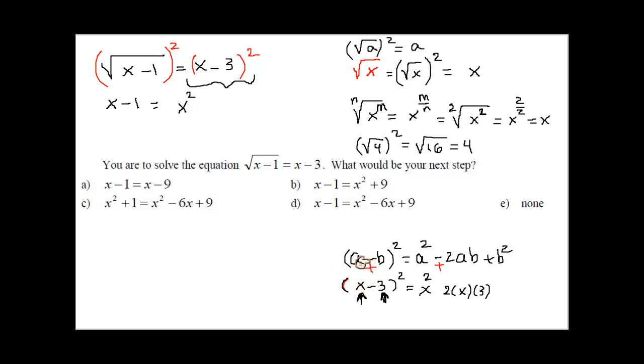Now the sign in between, if it's minus, you just have to remember this would be minus 2ab. If it's plus, that would be plus 2ab. So the sign here would be minus, because we have a minus sign between these two. But the first term and the second term are always positive. So the first term is x, you square that.